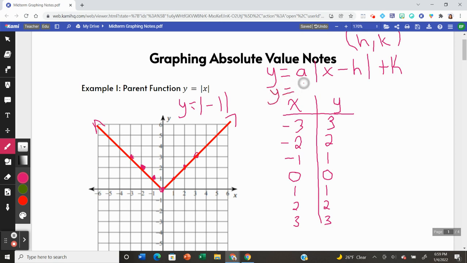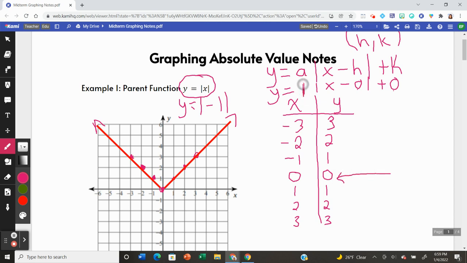We could rewrite it as 1 times the absolute value of x minus 0, plus 0. That's the same thing. We don't need to tell anybody to add 0 or multiply by 1. So this parent function has a vertex of 0, 0.